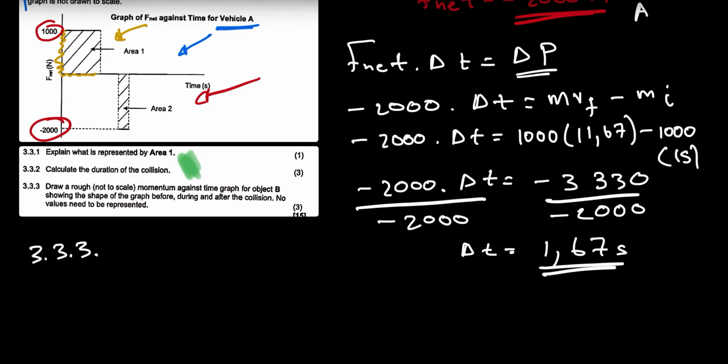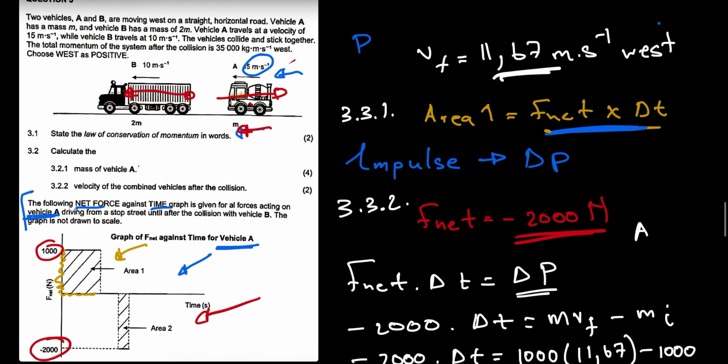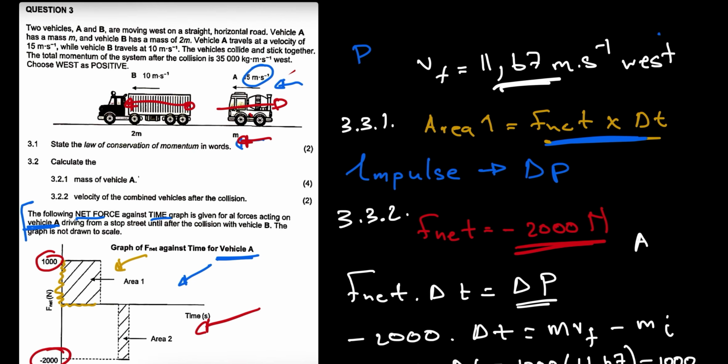rough, not to scale, momentum against time graph for object B, showing the shape of the graph before and after the collision. No values. Okay, so let's look at what is happening here. If we had a graph of momentum against time, this is momentum and this is time.